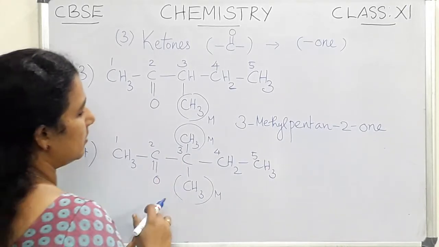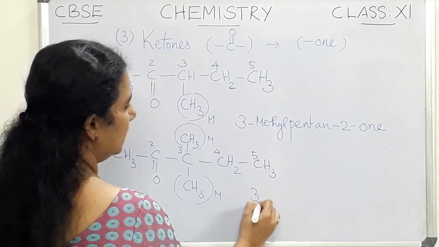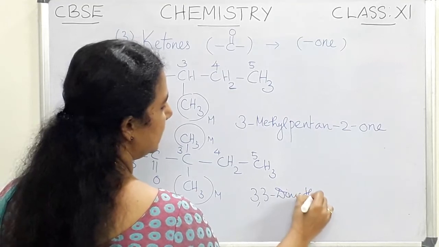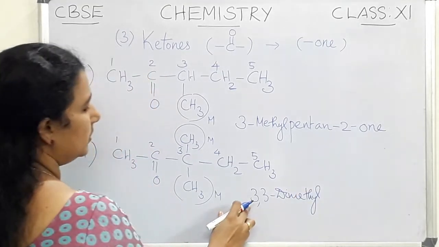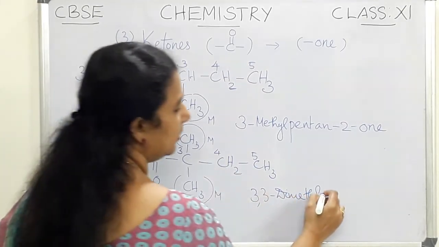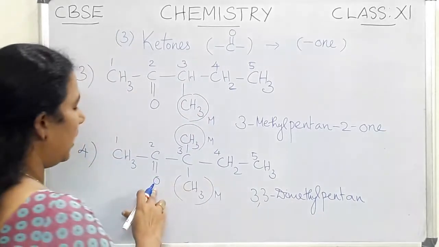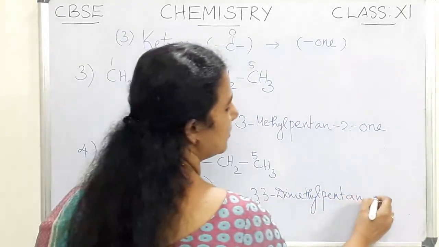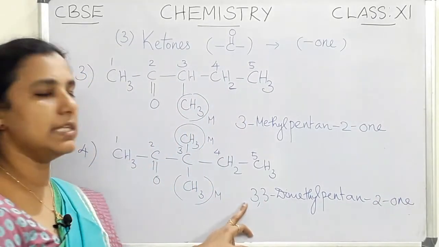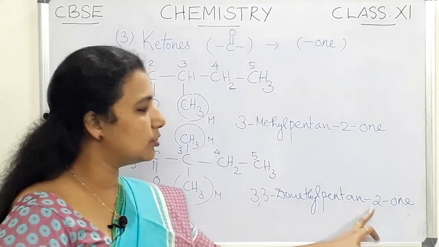First of all, write the prefix, that is the substituent, 3,3-dimethyl. Third position, 2 methyl groups. Then comes the word root, it is pent. We can write pentane, and CO is in the second position. So it is pentane 2-one. So the IUPAC name is 3,3-dimethyl pentane 2-one.